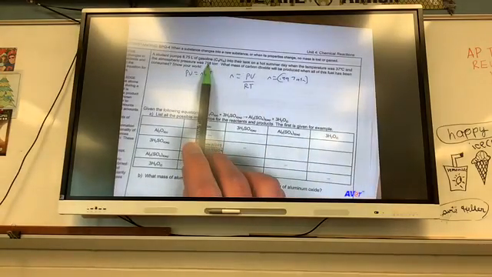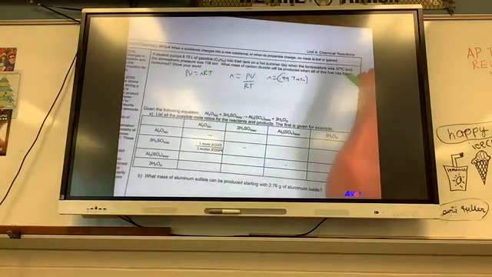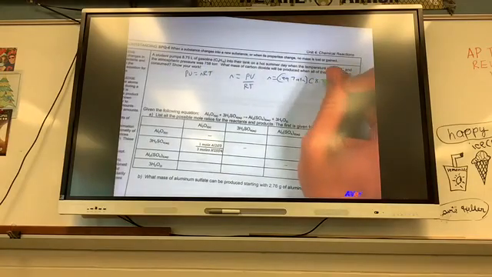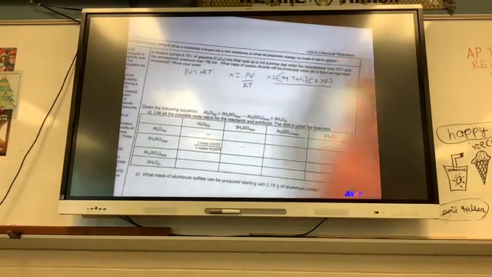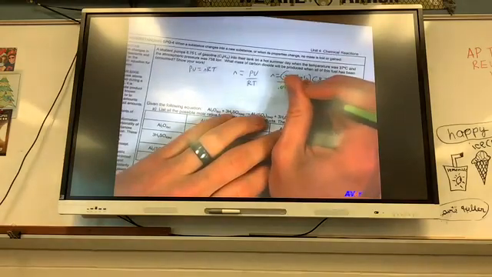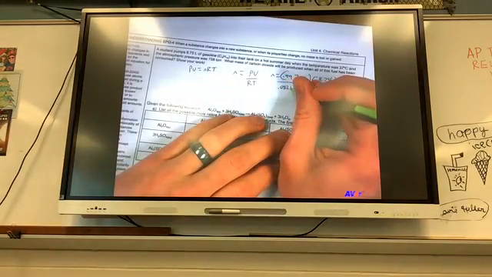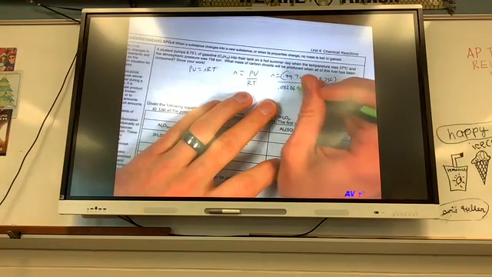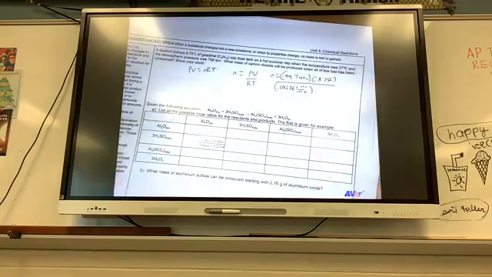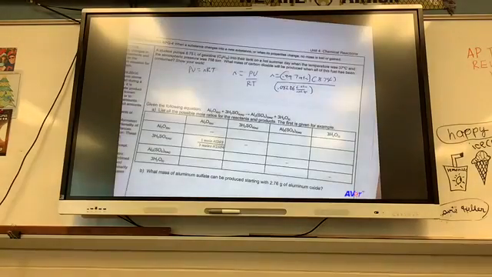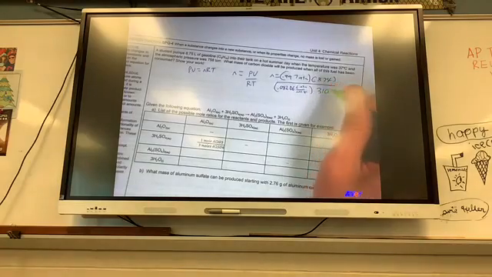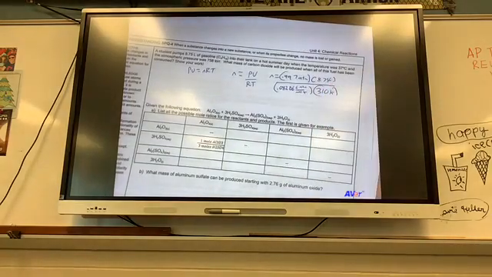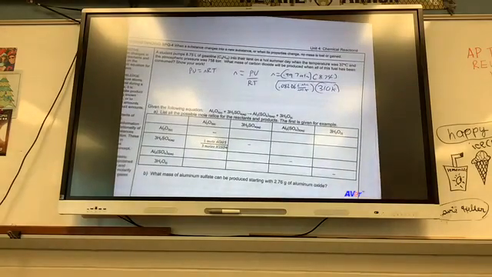So 758 divided by 760 is 0.997 times the volume, which is 8.75 liters, over R, which is 0.08206 liters times atmospheres over moles times Kelvin, times T. What's 37 plus 273? 310 Kelvin. So solve for n. Tell me what you get.